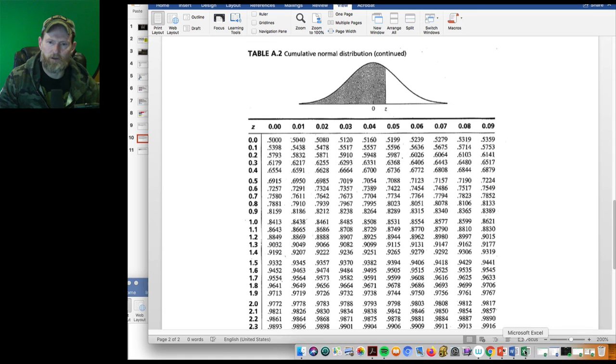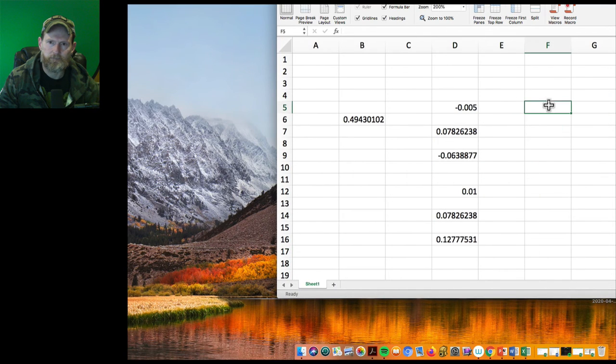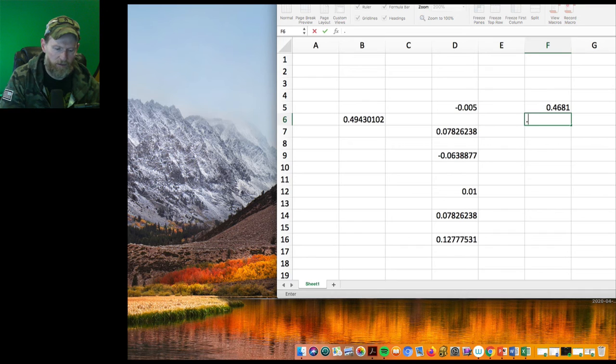So I'm just going to go ahead and do that 1 minus right now: 1 minus 0.5319, so that's 0.4681. And I'm going to add that to, well, I'm just going to write that down first, and while I'm still here, 0.761.